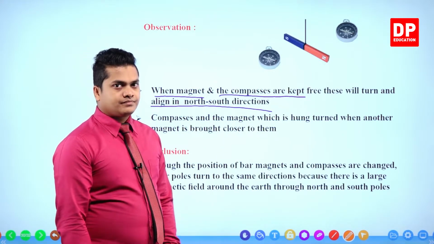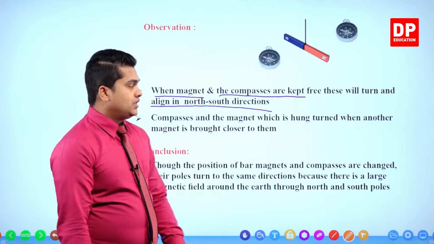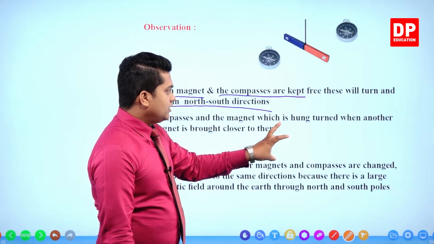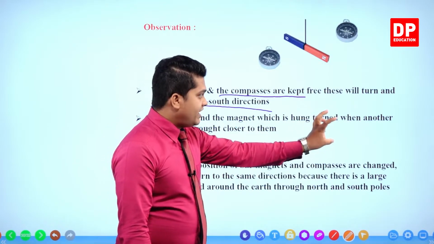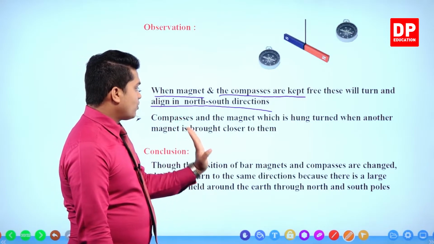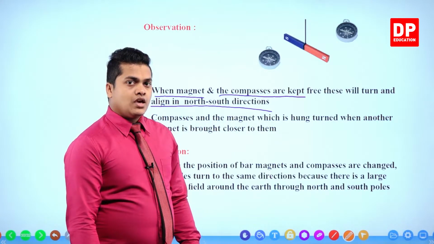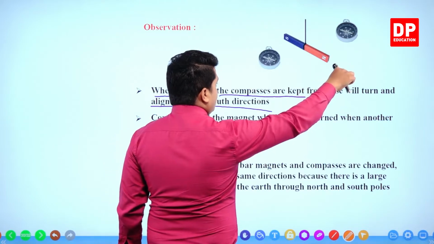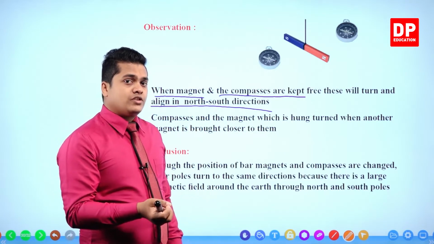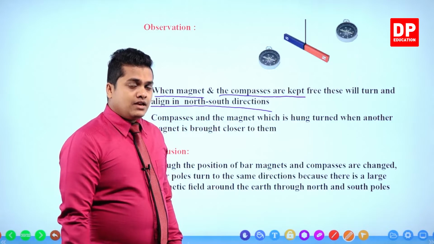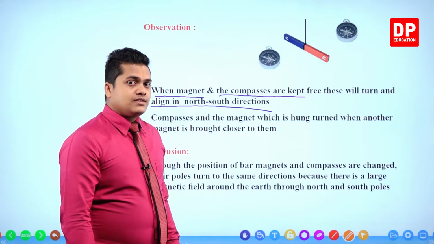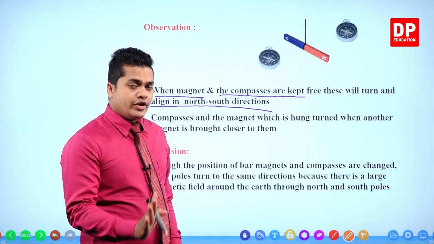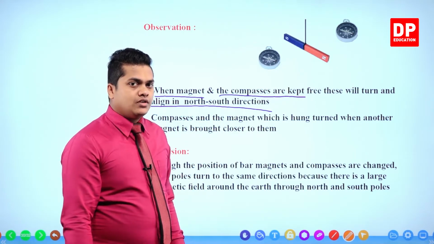We know that. But the compasses and the hung magnet turn when another magnet is brought closer to them. These compass needles, or the hung magnet, move to a different location.